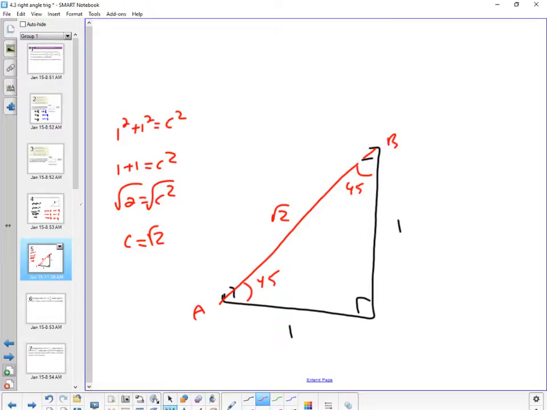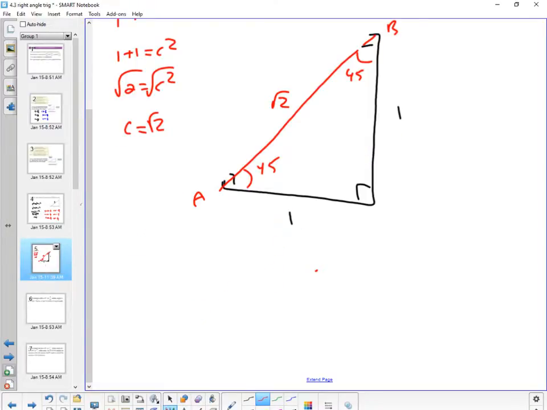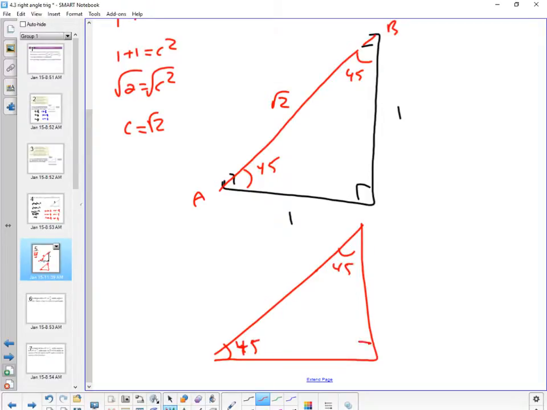Okay? What's really nice about this is that I can generalize the 45, 45, 90 as x, x, x radical 2. Does everyone understand the idea of generalizing it? That means that I can make it bigger or smaller, and they would all change by that proportion. So let's say I had a 45, 45, 90, where one of the legs is 5.